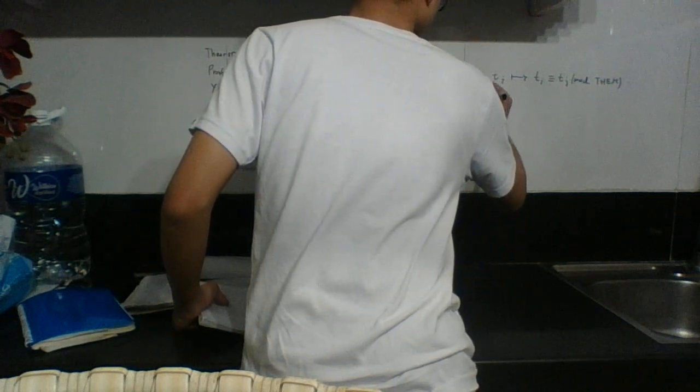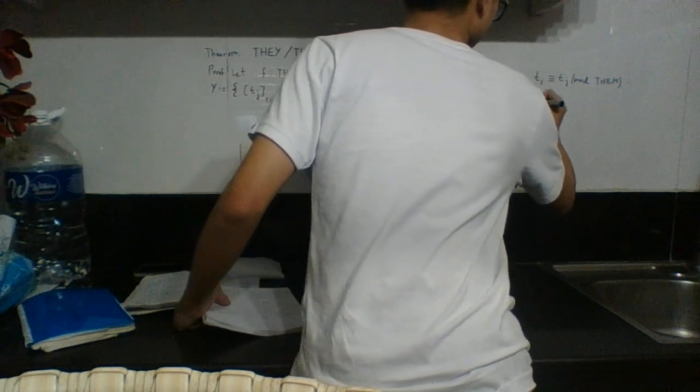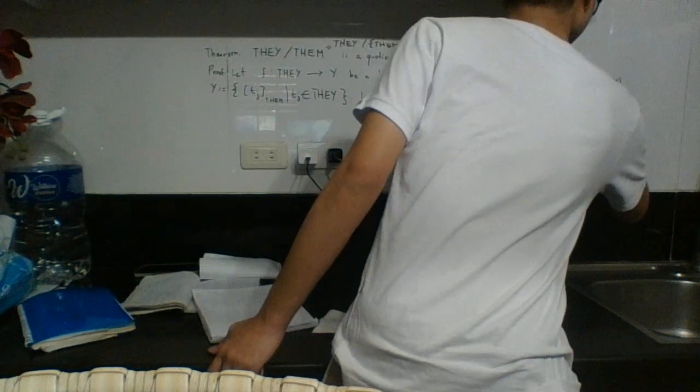Alright, and then let the kernel of F be equal to, of course, the kernel of F is just the congruence class, as I stated a while ago, of them with respect to modding by itself. And then the image of F is equal to, of course, Y.